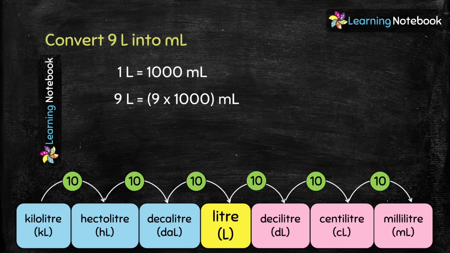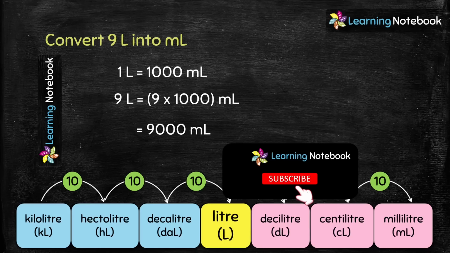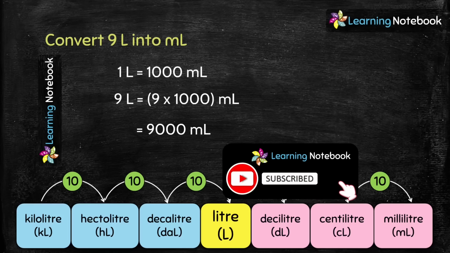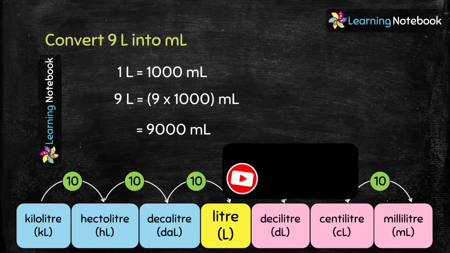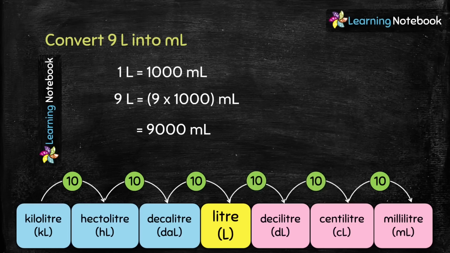Therefore, 9 liters equals 9 multiplied by 1000 milliliters, which is equal to 9000 milliliters. So in this way, we can convert a higher unit liters into a lower unit milliliters.